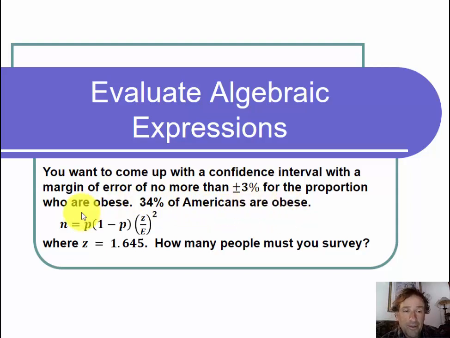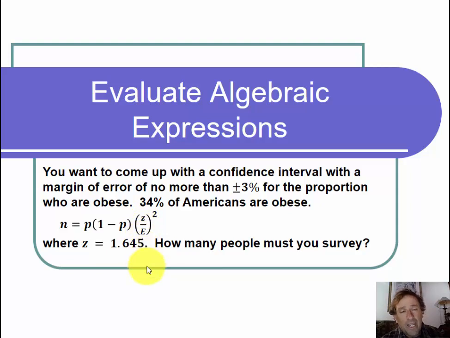There's a formula for this, and it is that n, the sample size, is equal to p times 1 minus p times z over e quantity squared, where p is the estimate for the population proportion, z is given, and e is the margin of error.